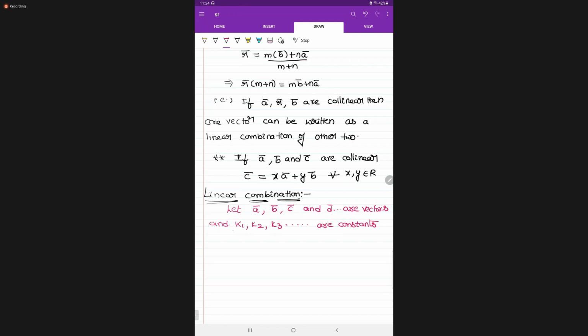Then the linear combination you can write as K1 into A bar, K2 into B bar, K3 into C bar, which is equal to 0. Completed, students, everyone? I'm scrolling up now.